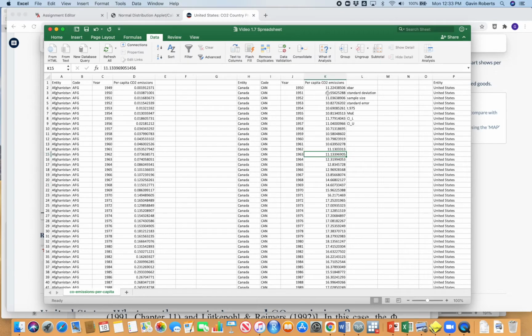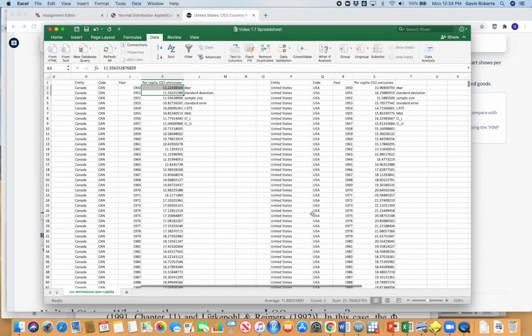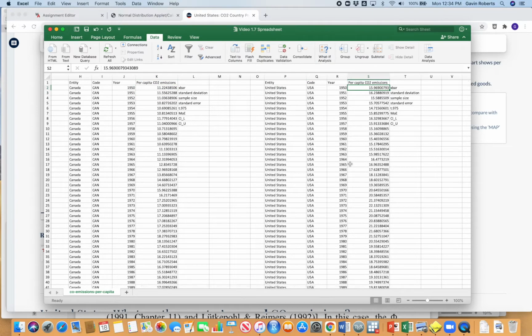Now, what exactly are we measuring here? If I took the total amount of carbon dioxide emissions emitted from the country of Canada in 1950, and I divided by the population, I would get about 11 tons of CO2 per person. In the US in 1950, I would have gotten about 16 tons per person.